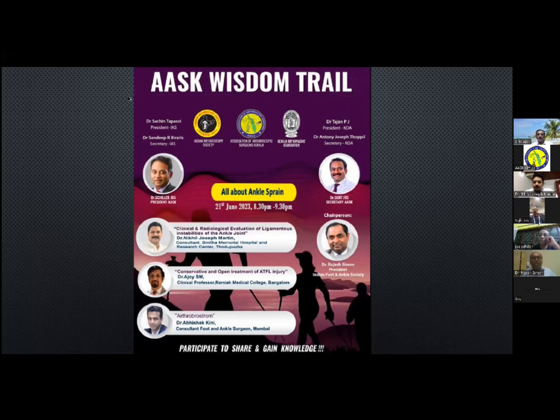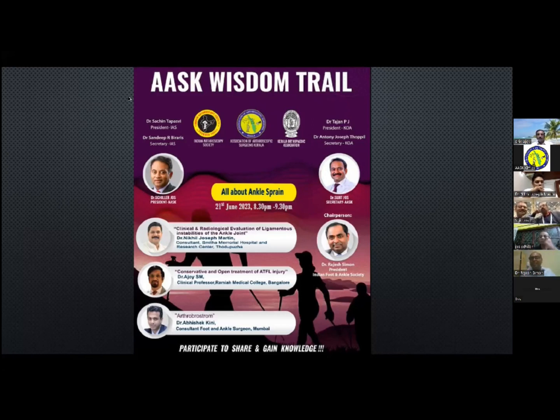Today we are talking about ankle instabilities, and it's all about the ankle sprain. Ankle instability is more focused on the lateral side, not the medial side, because the deltoid is a very strong ligament. Nothing much happens there, and it is usually the lateral side which gets injured. So we'll be more focused on the lateral side of the ankle.